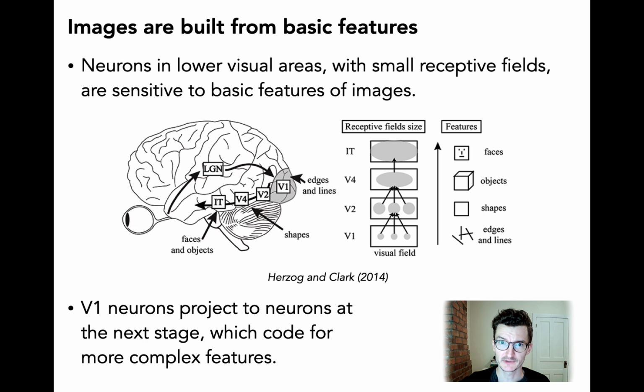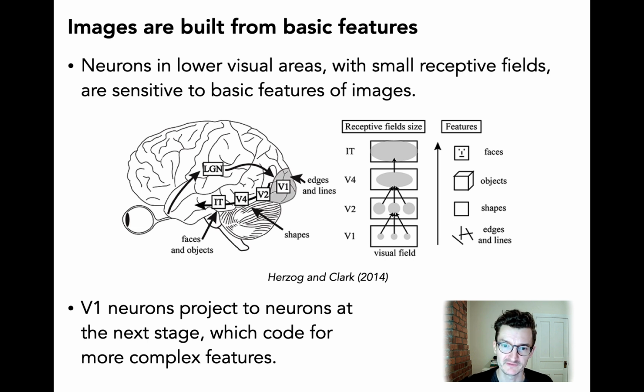And so the idea here is that the brain sort of builds images up from their basic features. So the retina kind of breaks things down into its most basic components. You can take any image, right, and break it down into angled bars of light. And that's what neurons in V1 like.